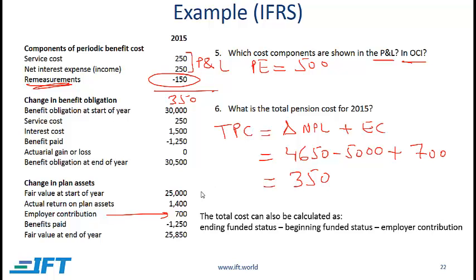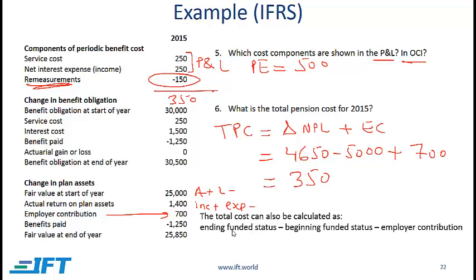If we say that assets are positive, liabilities are negative, income positive, expenses negative, then the ending funded status is actually a negative number.